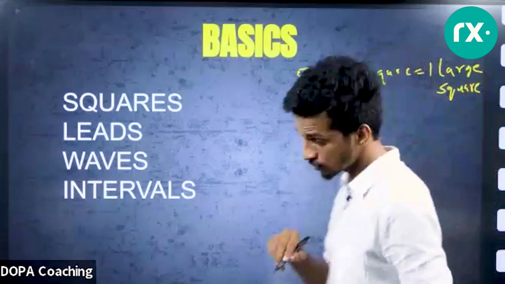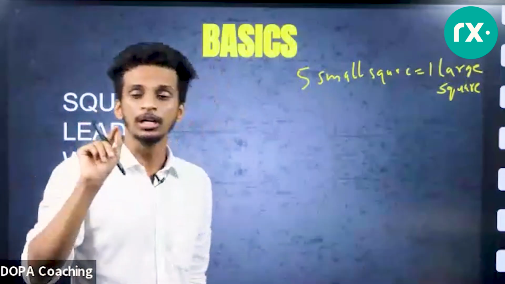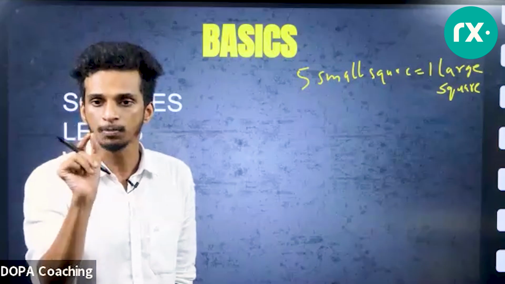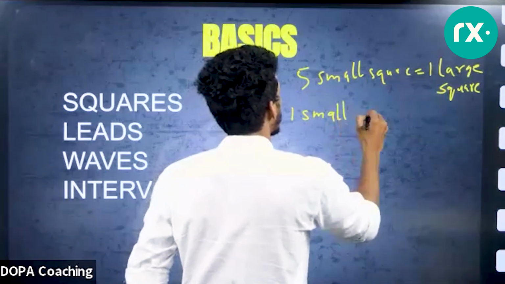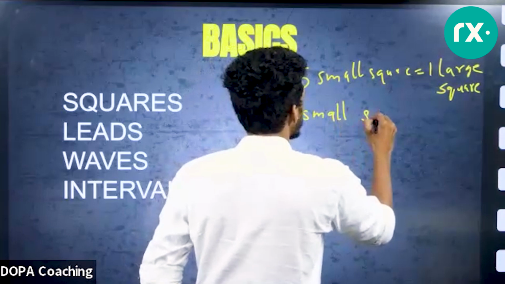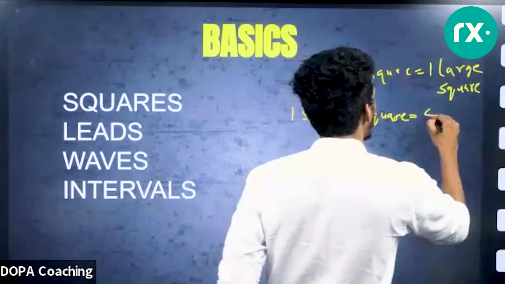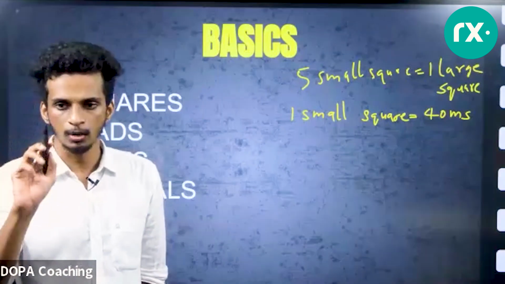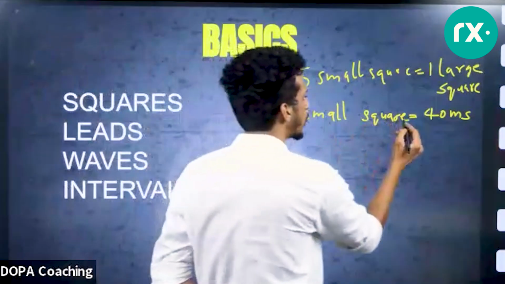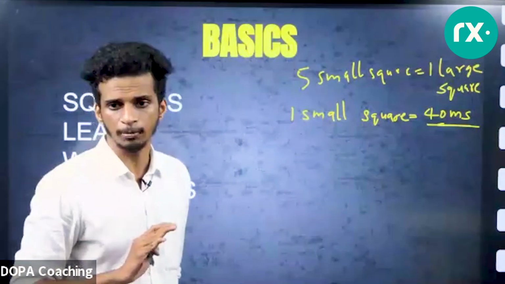At this point, you need to know the duration of 1 small square, which is necessary to read ECGs. 1 small square is equal to 40 milliseconds. So 5 small squares equal 1 large square, and the duration of 1 small square is 40 milliseconds. I hope it's clear up to this point.